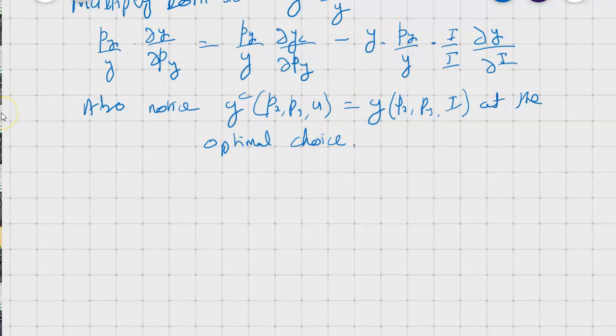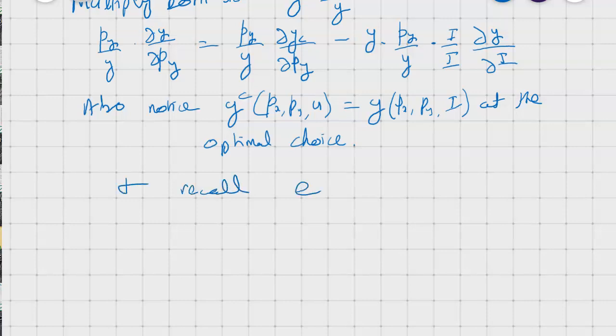And recall, elasticity is the percentage change, for example, the price elasticity of demand of a good X with respect to the price of X or its own price is the percentage change in the quantity demanded of X in response to the percentage change in the price of that good.